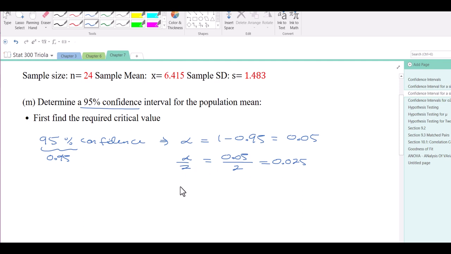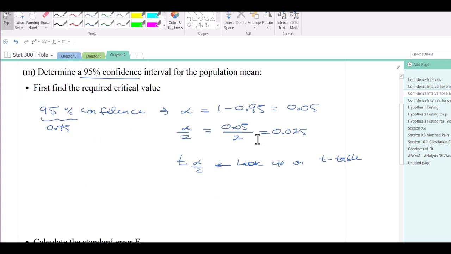So our t sub alpha over 2. Now we need to look that up on the t-table, the t-distribution. Now why are we doing the alpha over 2? This comes from assuming a normal distribution, bell shape.